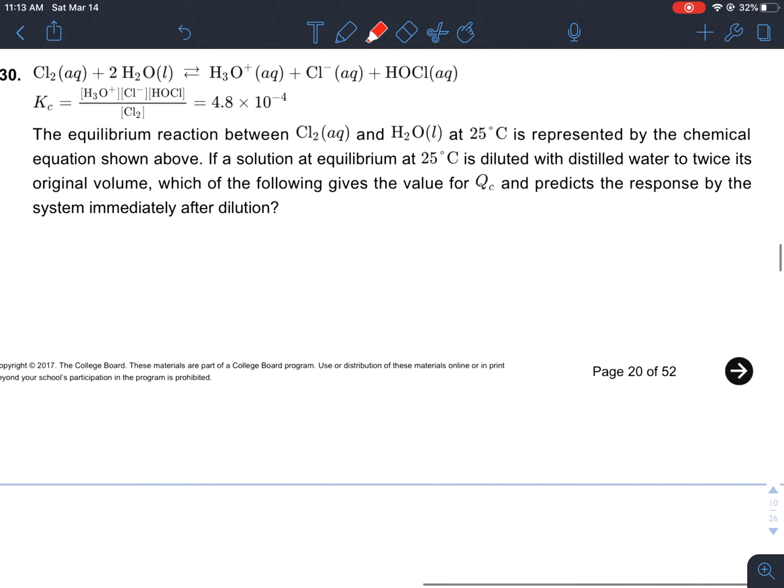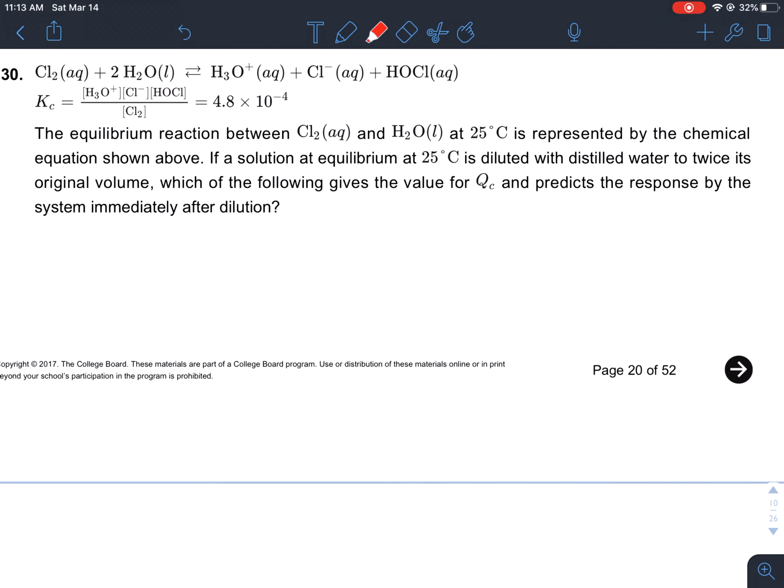Number 30. Cl2 and H2O yield H3O+, Cl-, and HOCl. The equilibrium reaction between Cl2 and H2O at 25 degrees is represented by the chemical equation shown above. If a solution at equilibrium at 25 degrees Celsius is diluted with distilled water to twice its original volume, which of the following gives the value for Q and predicts the response by the system immediately after dilution?